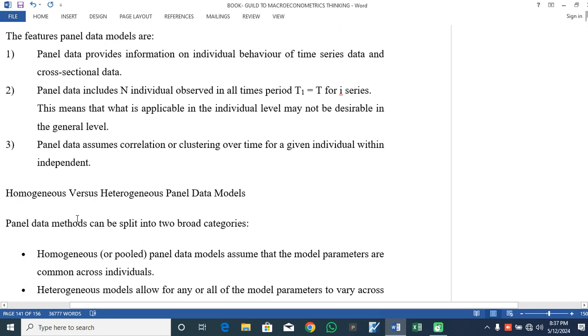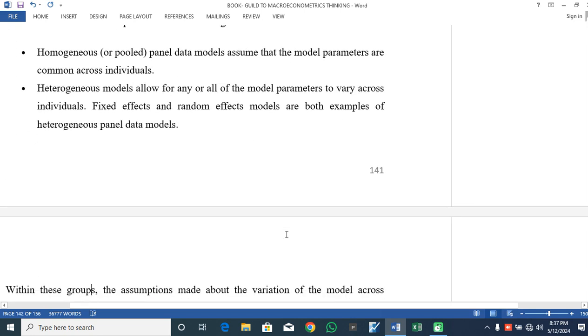Then let's look at homogeneous versus heterogeneous panel data models. Panel data models can be divided into 2 broad categories. Firstly, we have the homogeneous panel, which is also called the pooled panel. We also have the heterogeneous panel.